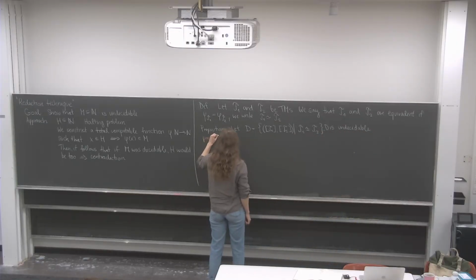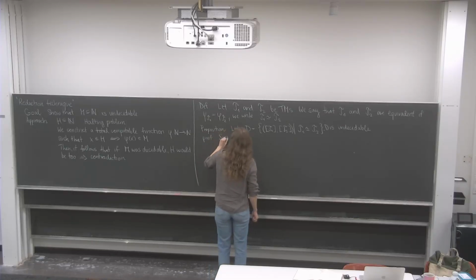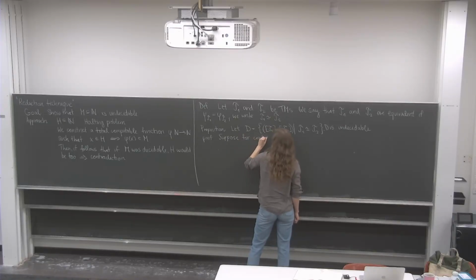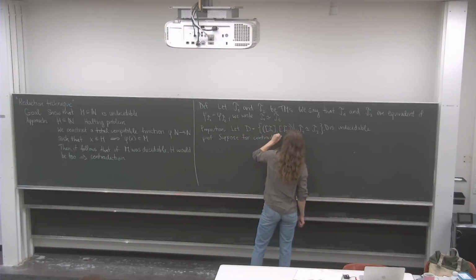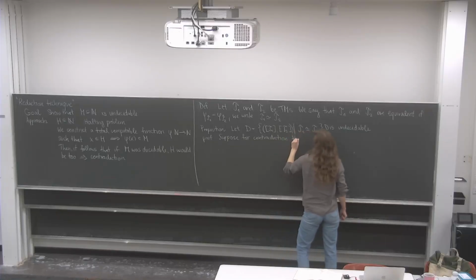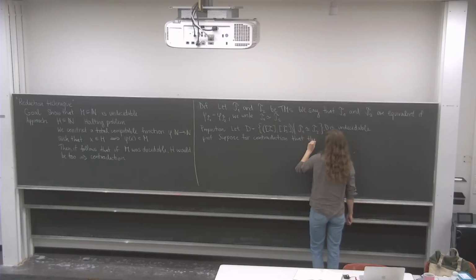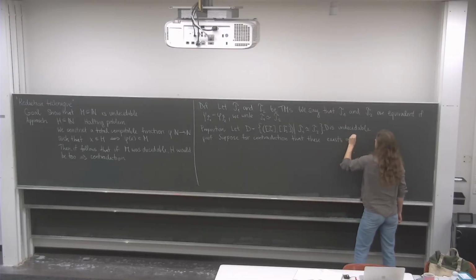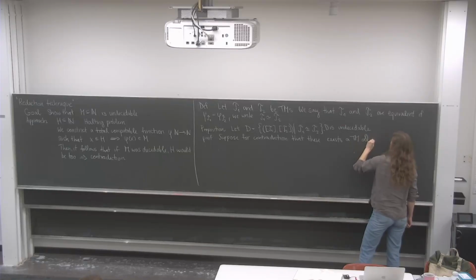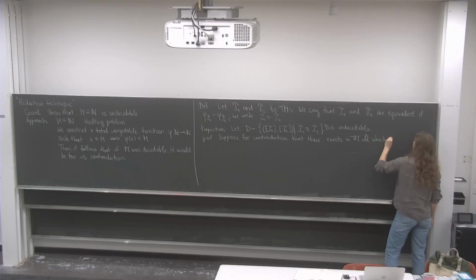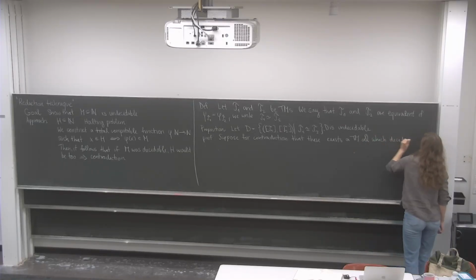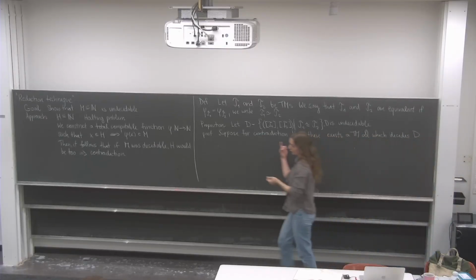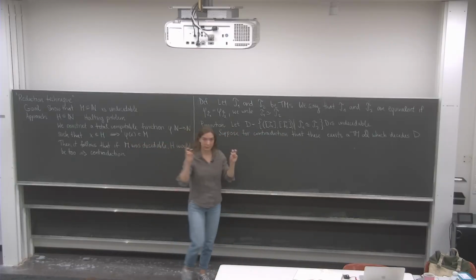So suppose for contradiction that there exists a Turing machine D which decides D. And now we will essentially define a Turing machine which implements this translation function.